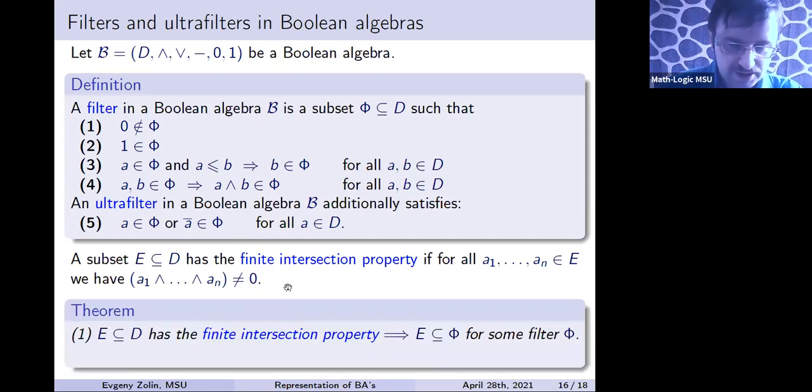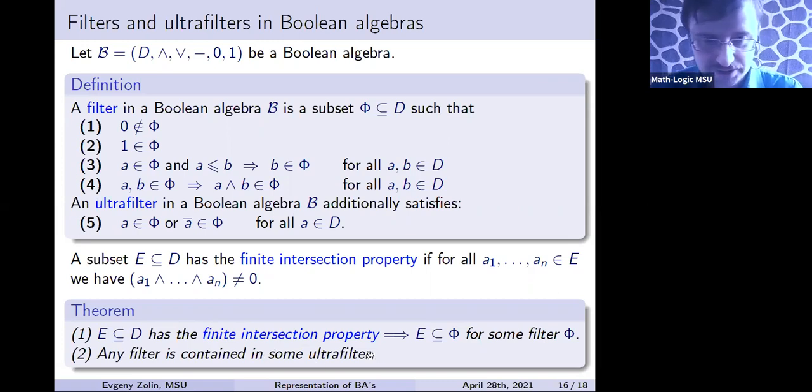And we prove by the same argument that any set that has the finite intersection property is contained in some filter. And every filter is contained in some ultrafilter. Again, here we will use the axiom of choice.